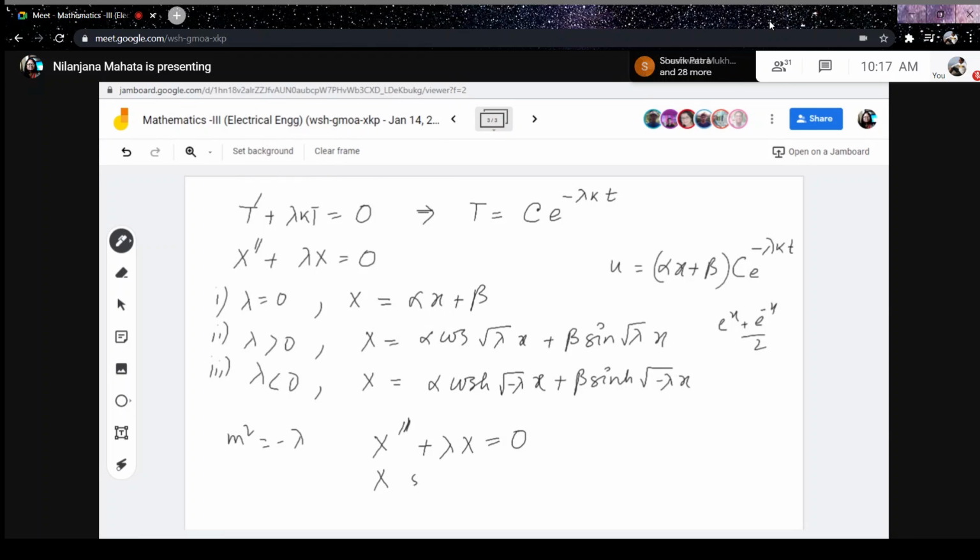And when x satisfies the boundary conditions of this problem, probably you have, I will directly solve this. That means your u(0,t) will depend on if you just satisfy this X.